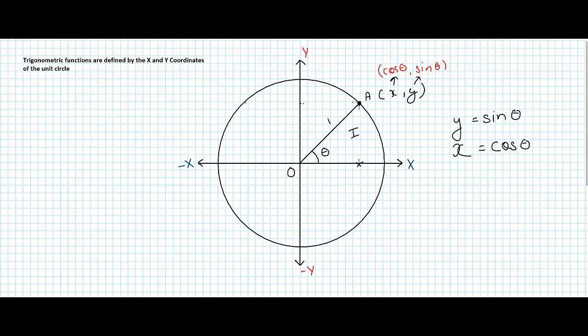Now let us draw another line from the origin to the arc of this circle. Let me use a different color. Let us say that this line makes an angle of, I don't know, alpha from the x-axis, and let us call this point B, and let me draw some imaginary lines just as before.